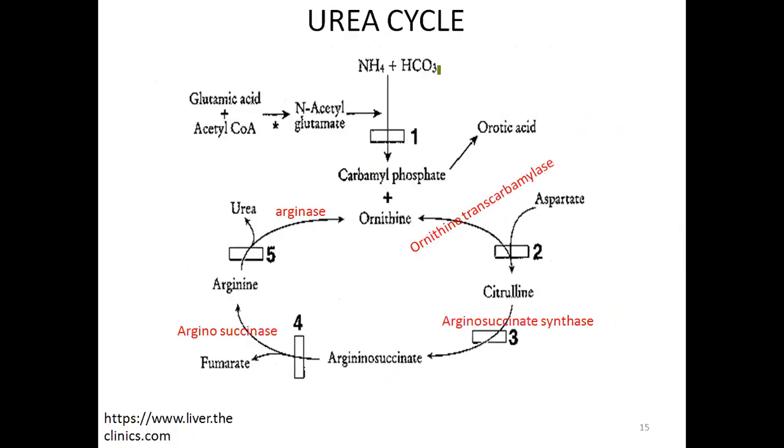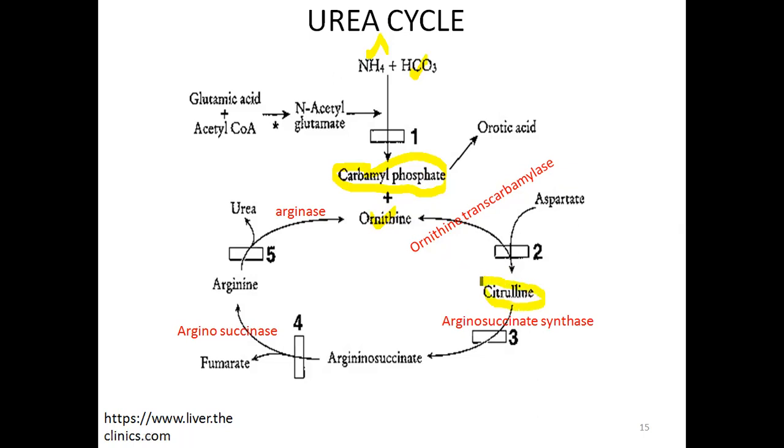See, as we have discussed in the previous points, ammonia reacts with the bicarbonate, resulting in formation of carbamyl phosphate. The carbamyl phosphate reacts with ornithine in presence of this enzyme known as ornithine transcarbamylase, forming what is known as the citrulline.